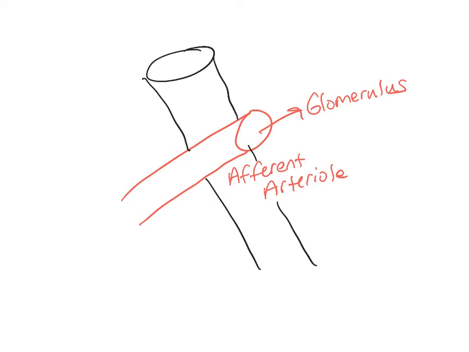And so the cells lining the distal convoluted tubule here are going to come in contact with cells that surround the afferent arteriole. The cells are called the macula densa cells if they are part of the distal convoluted tubule. And the cells that are surrounding the afferent arteriole, we call those the juxtaglomerular cells.